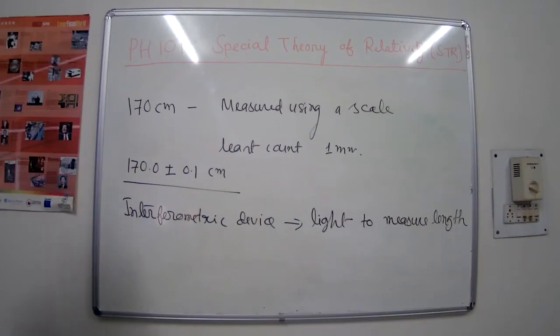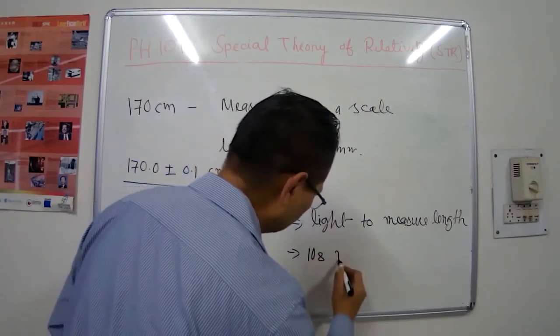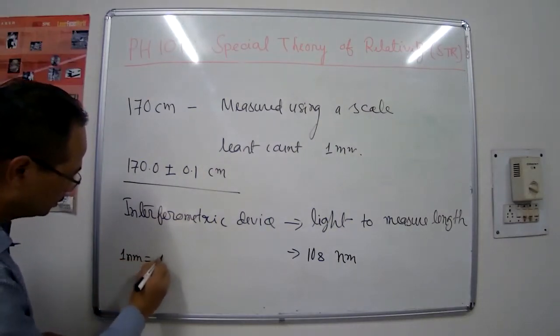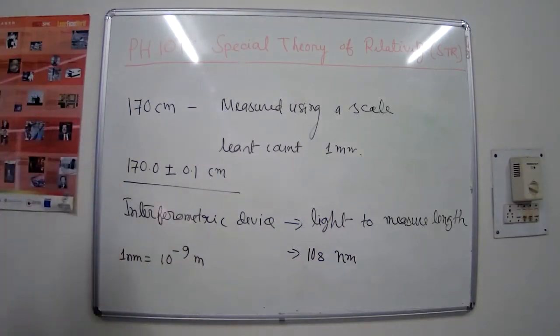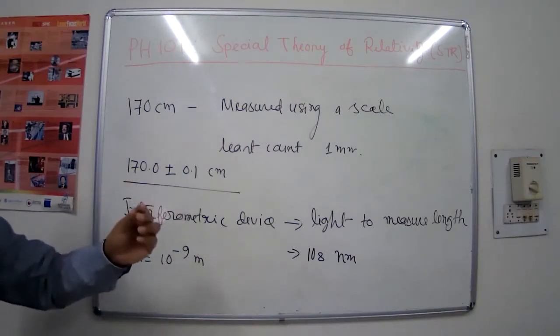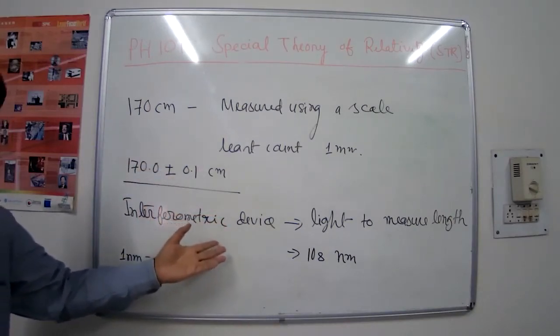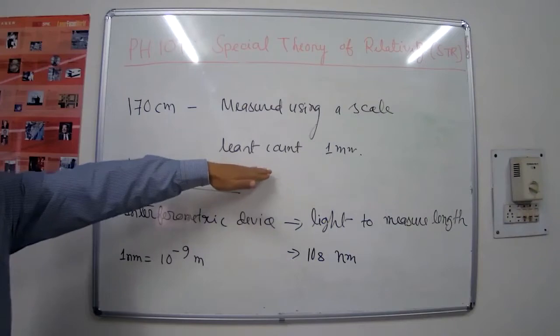What I mean by sensitivity is that even a change of some tens of nanometers can be detected. What is a nanometer? 1 nanometer is 10 power minus 9 meter. So you take 1 meter and you take 10 to the power 9 parts of 1 meter, that will become 1 nanometer. So it has an accuracy of some tens of nanometers. So if the length is varying by even a few tens of nanometers, that can be detected by this particular measuring technique. Now it has much better accuracy than a meter scale.